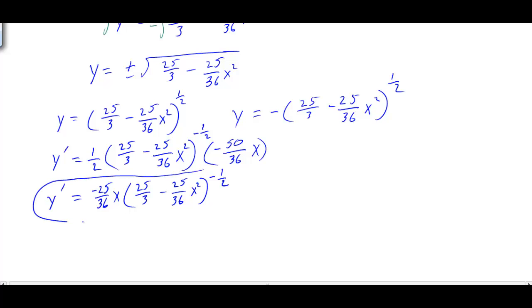So this here is our derivative. Now you could do the same thing over here with the negative, and really the only thing that's going to change there is the negative sign.